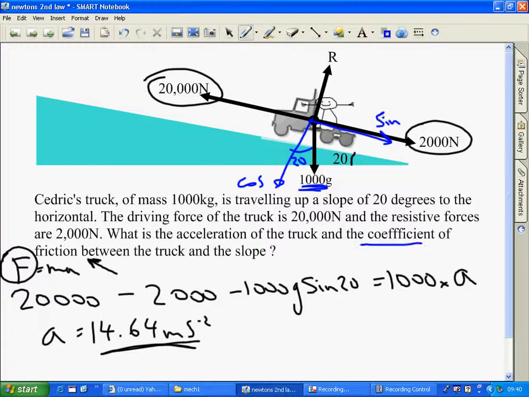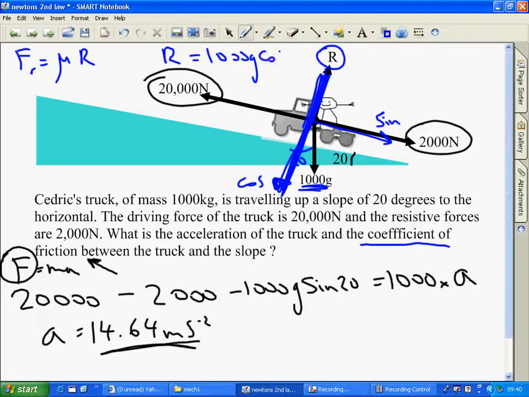It's also asked us to find the coefficient of friction. As the truck's moving, friction is maximised. So frictional force F is equal to the coefficient of friction multiplied by the normal reaction. As we've seen here, normal reaction R is balanced by this force here. So if I firstly resolve in this direction, I would get that R is equal to 1000 g cos 20.